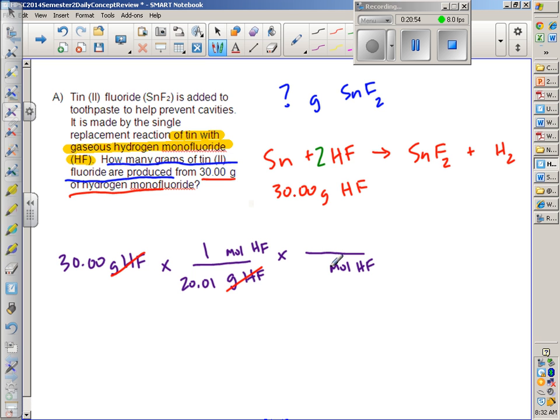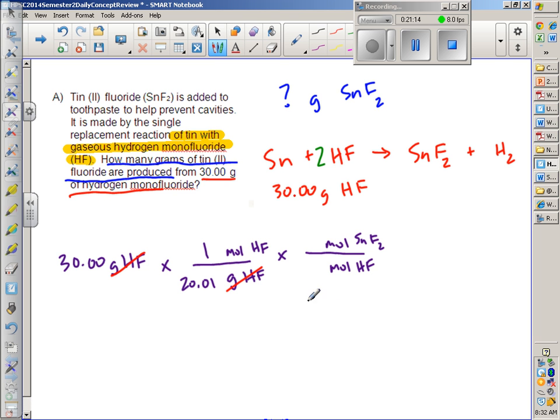Moles of HF have to go on the bottom of that conversion factor, right? Because that's got to cancel. And then, what's going to go on the top? Moles of tin 2 fluoride.